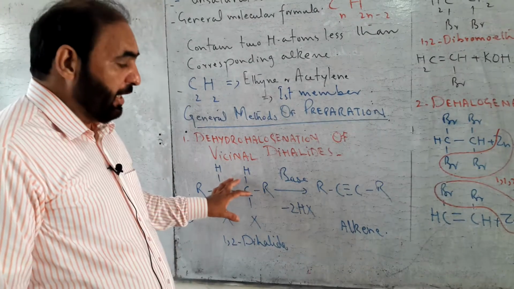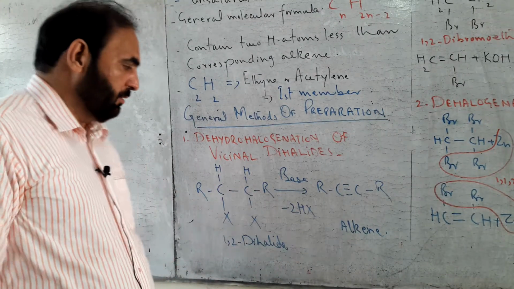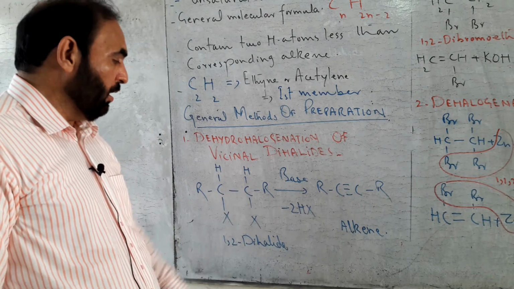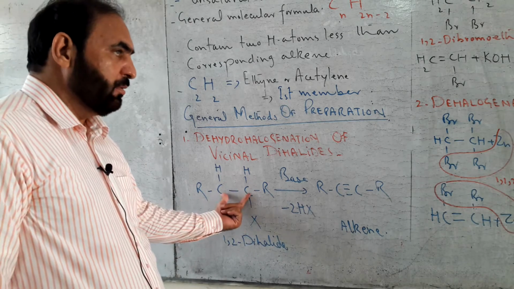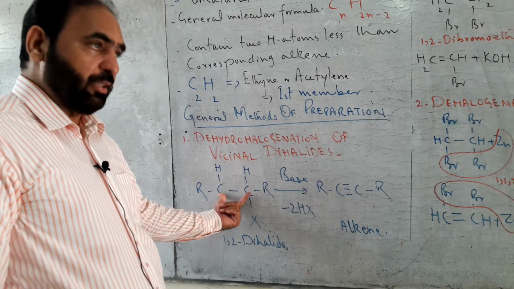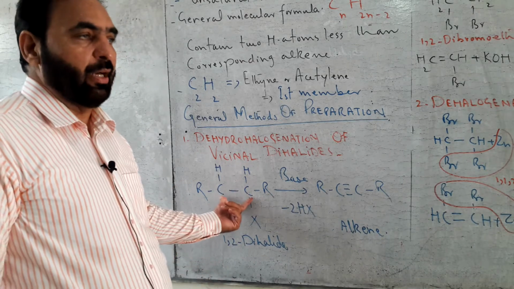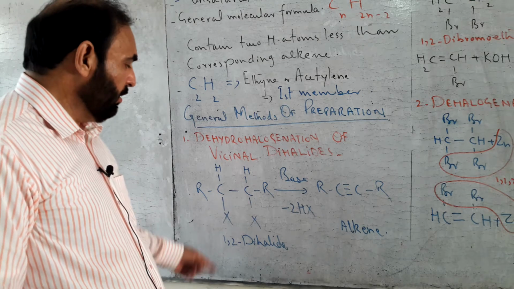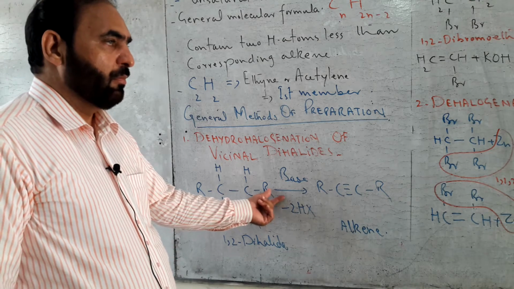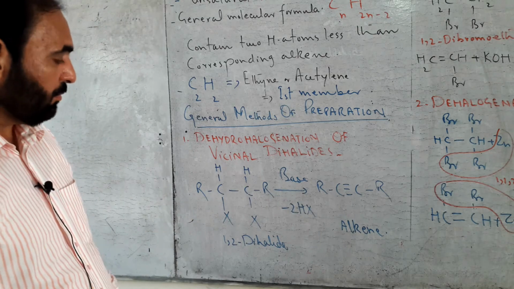When a vicinal dihalide or 1,2 dihalide, which can be given a general formula, 2 carbon atoms with 2 halogen atoms, adjacent carbon atoms, and remaining valencies of these 2 carbon atoms can be fulfilled by an R group and hydrogen atom.